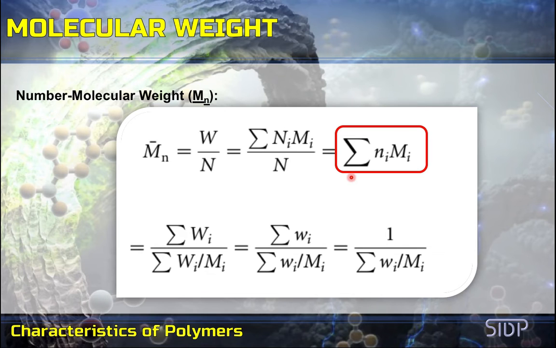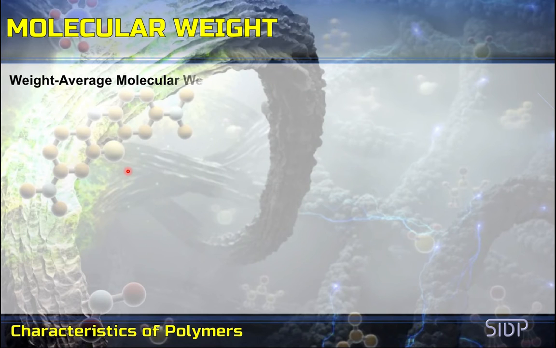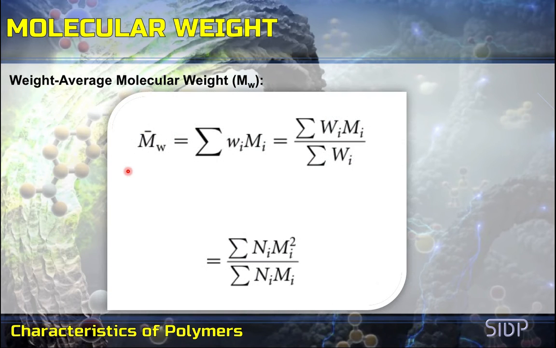Well, dividing Mn by the mer weight M0, we obtain a number average degree of polymerization, DPn, where DPn is defined by this formulation. The quantity Mn is obtained by end-group analysis or by measuring a colligative property such as elevation of boiling point, depression of freezing point, or osmotic pressure.